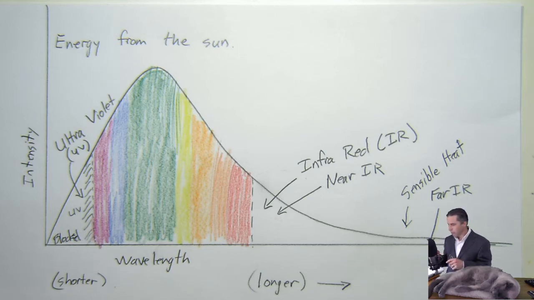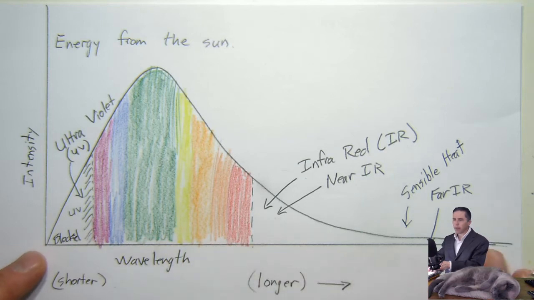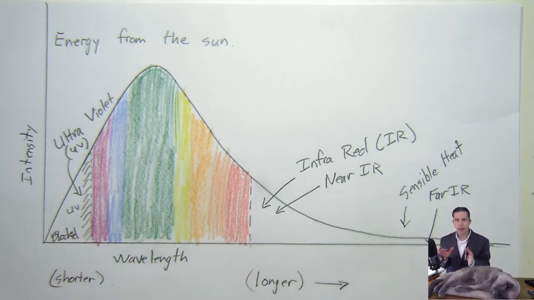So with that, I'm going to then move to talk about what this has to do with the greenhouse effect. What we do when we talk about the greenhouse effect is we take all of these waves and we group them into two categories.